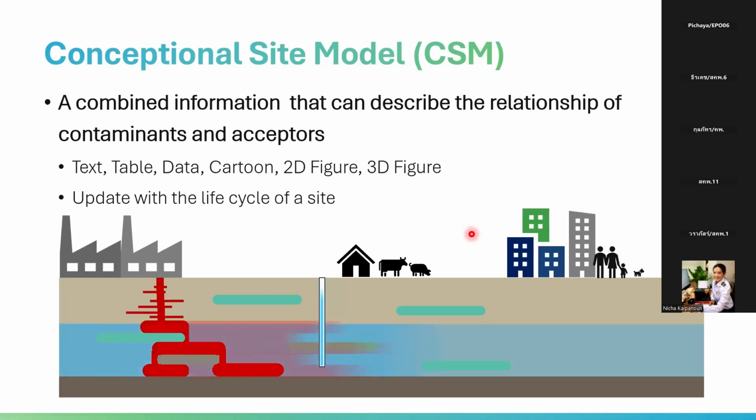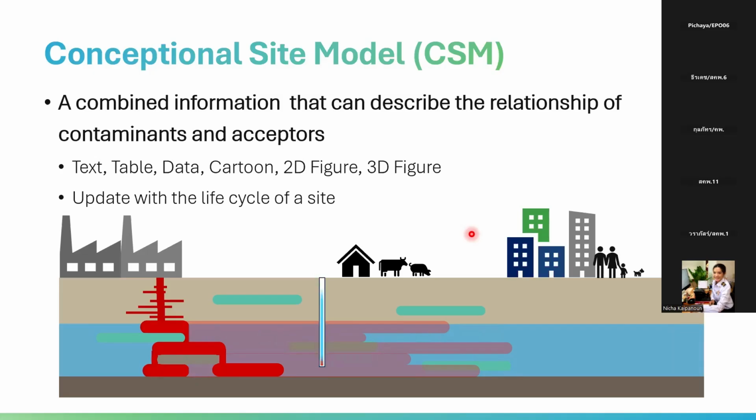It's just a very simple method to help you identify the source and the pathway from the source to the receptors, so you know the data points where you should sample, and what information you should collect from the site.